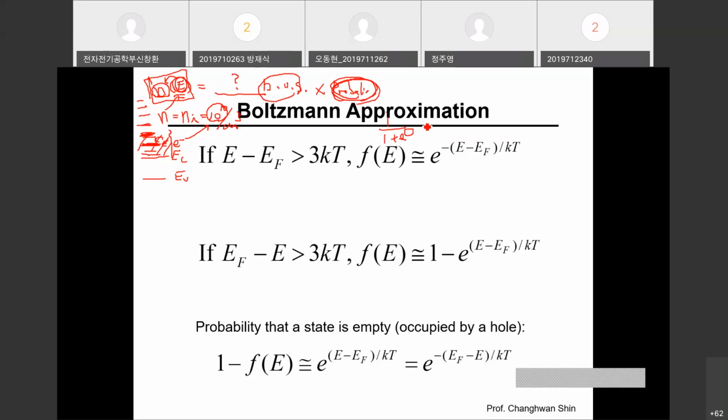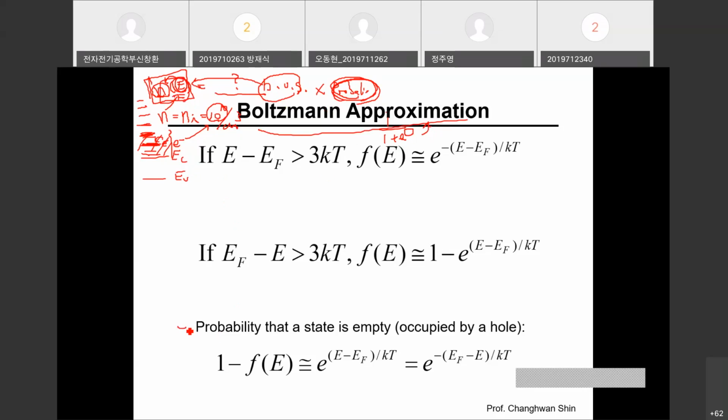So we need a certain approximation. That is Boltzmann approximation. Okay. Now we are almost ready to guess the N of E. We have simplified the Fermi function with the help of Boltzmann approximation.